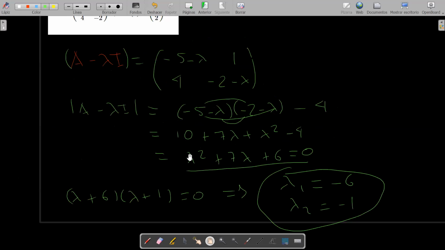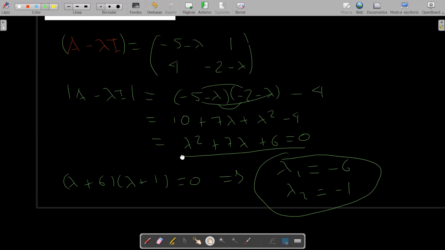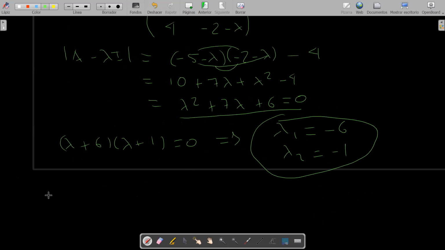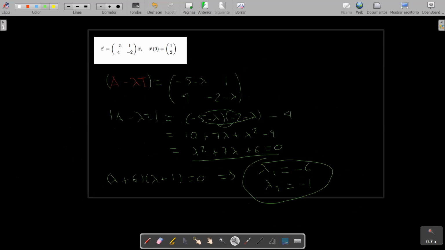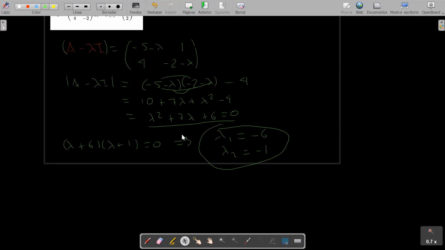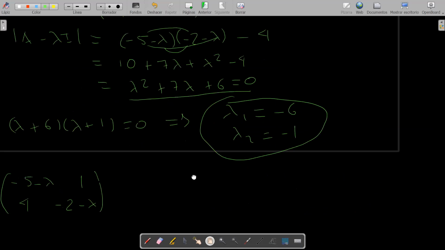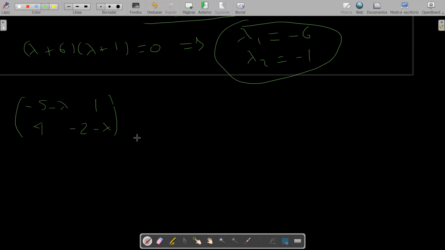From here, we can use our matrix once again. I'm going to copy that matrix. So the A minus lambda I matrix multiplied by the eigenvector will be equal to 0. This is the equation.